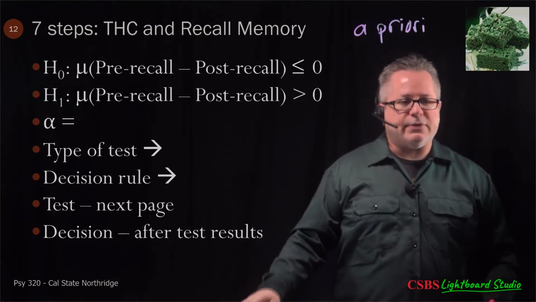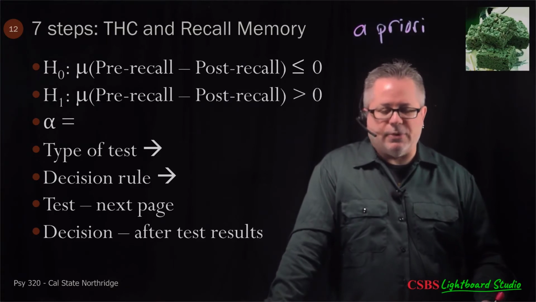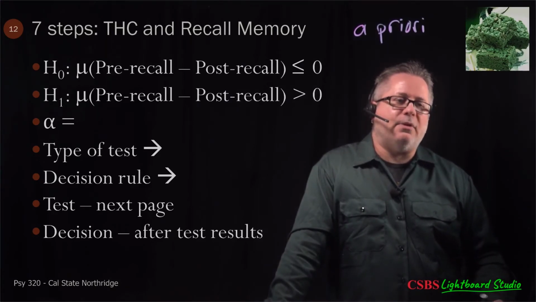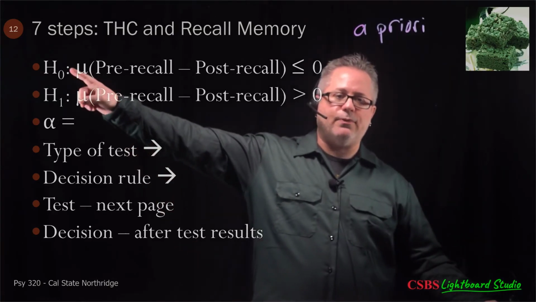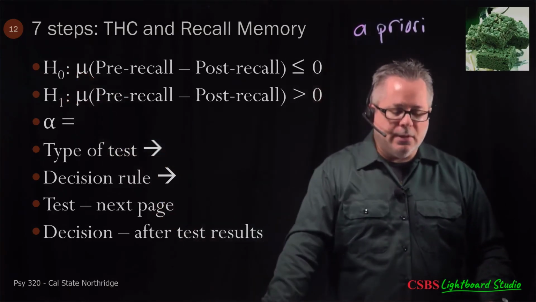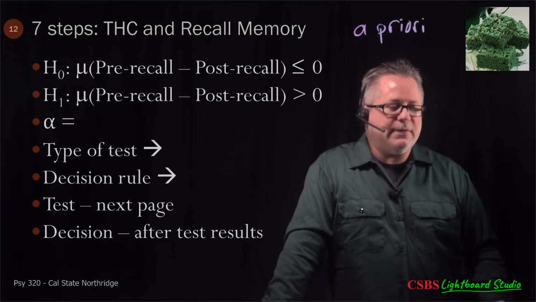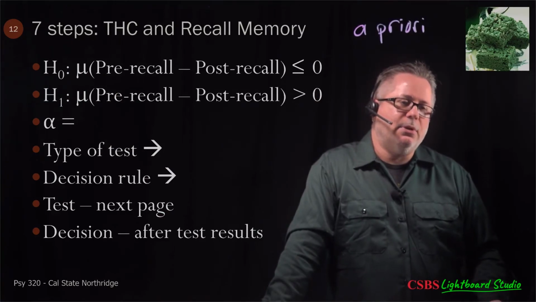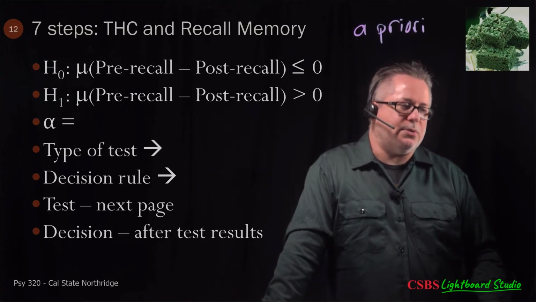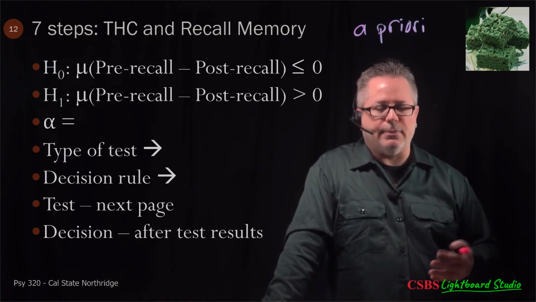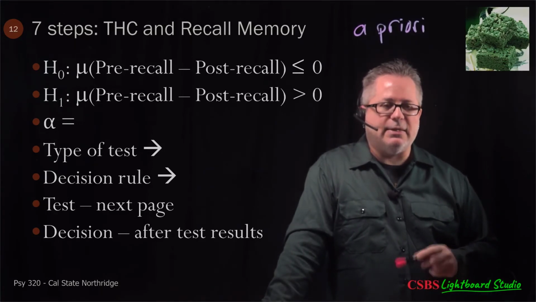Now this is actually something that I should mention, and I may mention it a couple times: even though the 7 steps are written this way, where we're supposed to state your null first and the alternative second, it oftentimes is easier to try to state the alternative first, because it's the thing that you're trying to test. It's the thing that in a practice problem or on a test is stated.